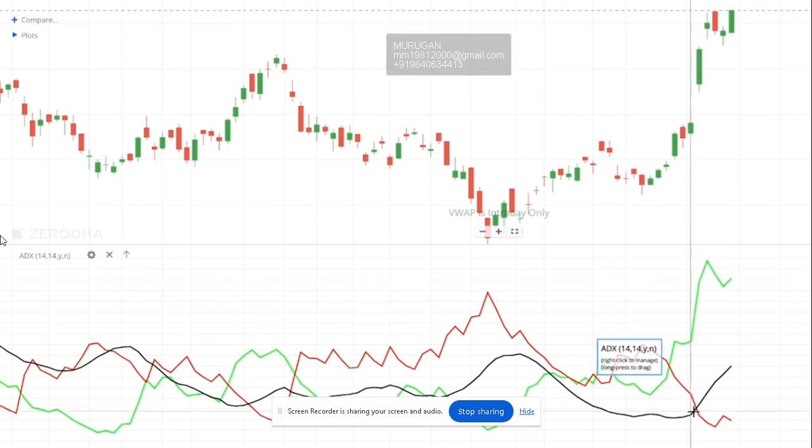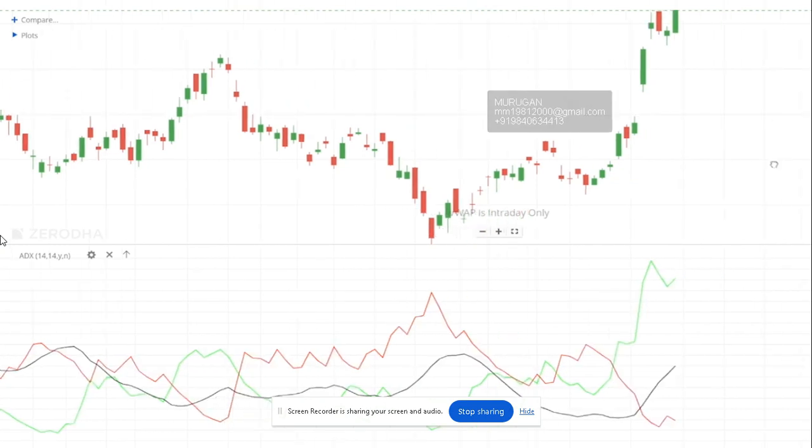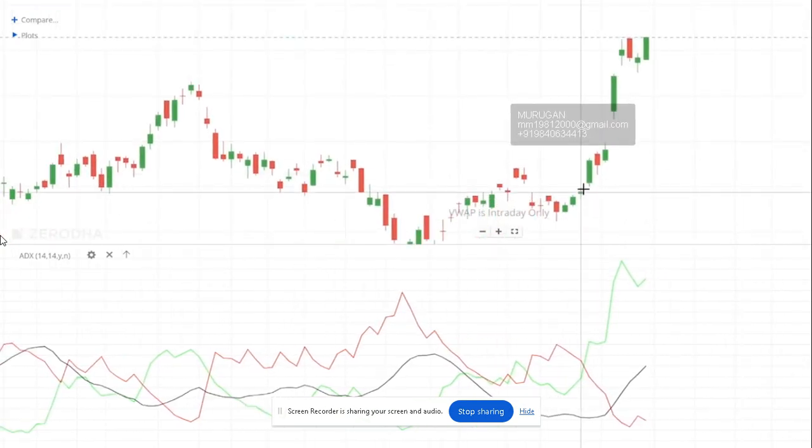But somewhere here you see the green line is above the red line, market is bullish. Now you see the average directional index is going on an upward trajectory, and it continues to go higher and higher and higher. That is why the market is moving higher and higher.